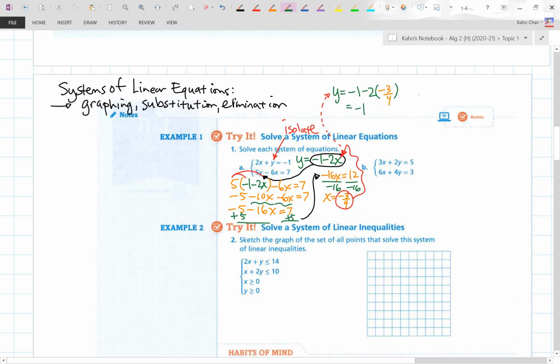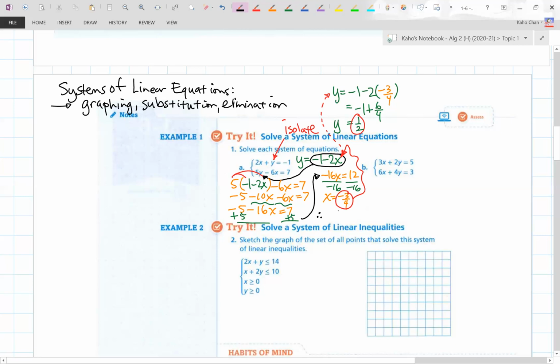Order of operations tells me to multiply. Negative times a negative is a positive 6/4. Ouch. Complex number there. -1 plus 1.5, because that 6/4 is 1.5. So that's going to be 0.5, or a half. So yay, there's my answer.